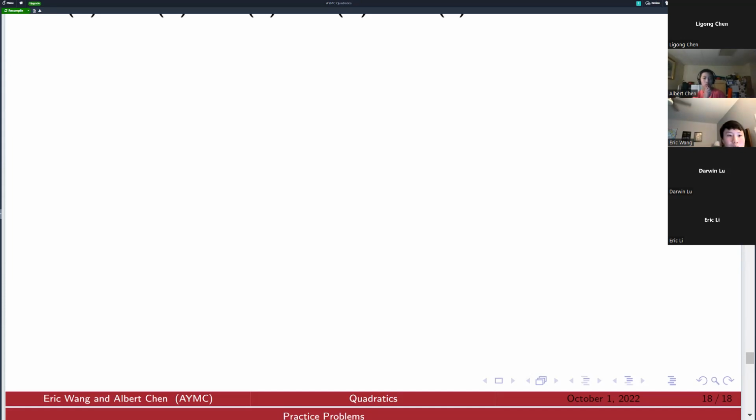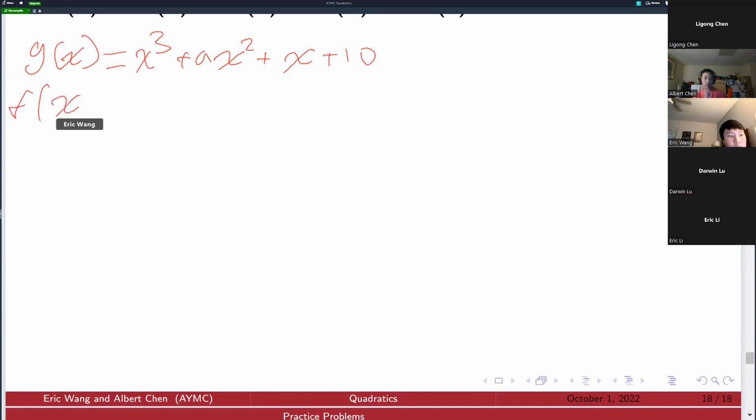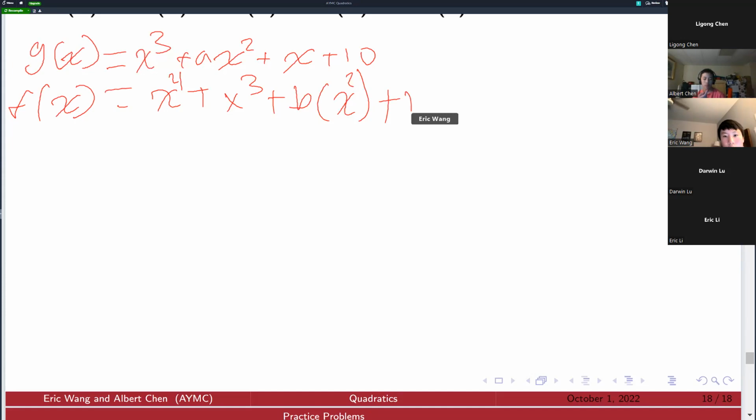So I'll write g of x. It is x cubed plus ax squared plus x plus 10. And f of x is x to the 4 plus x cubed plus bx squared plus 100x plus c.